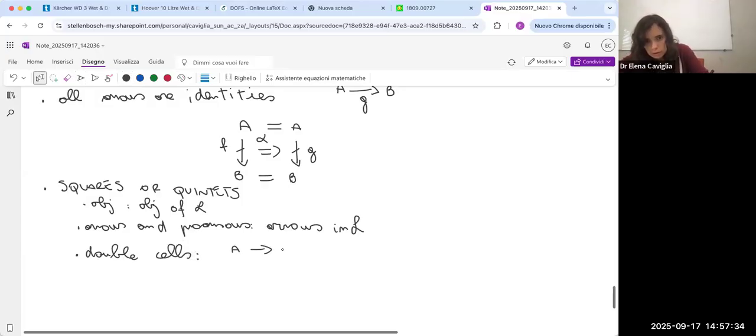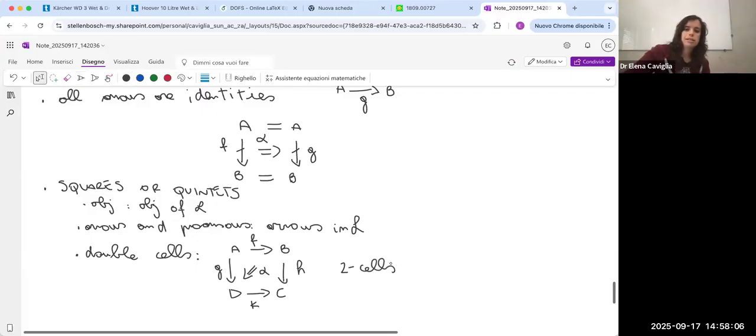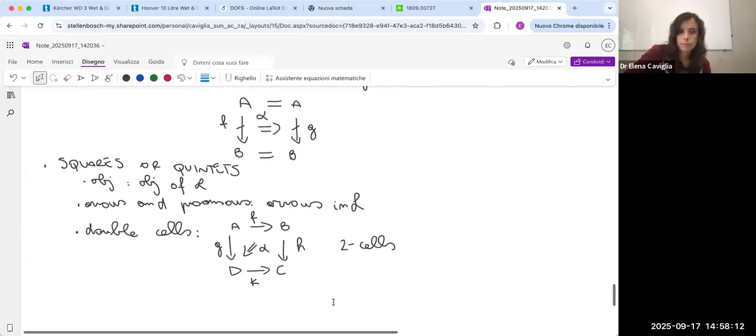So we now have squares like this, because both our arrows and our pro-arrows are just morphisms in L. We say that the double cell here is just a two-cell between F composite with H and G composite with K. So our double cells are just two-cells, all seen in this way.